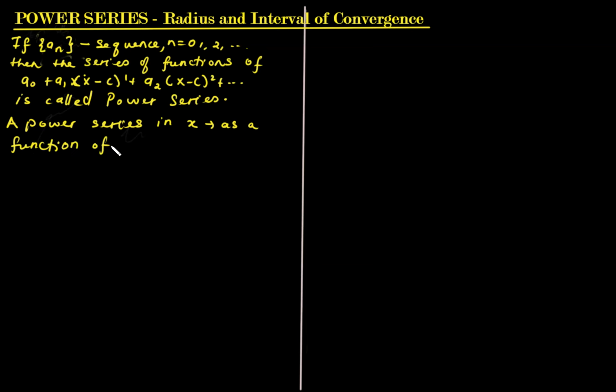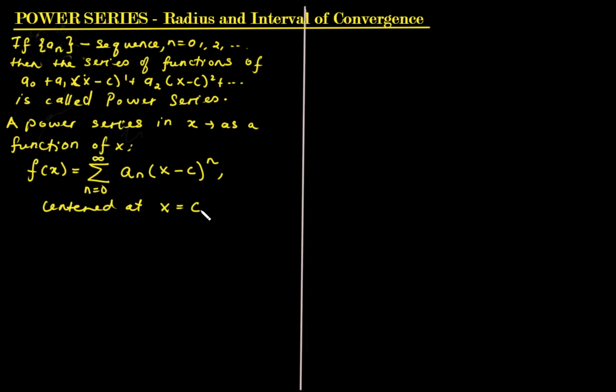So I can write it as f of x equals the summation where n goes from 0 to infinity of a sub n times (x minus c) to the power of n, centered at a point called c. So I'm going to say centered at x equals c.